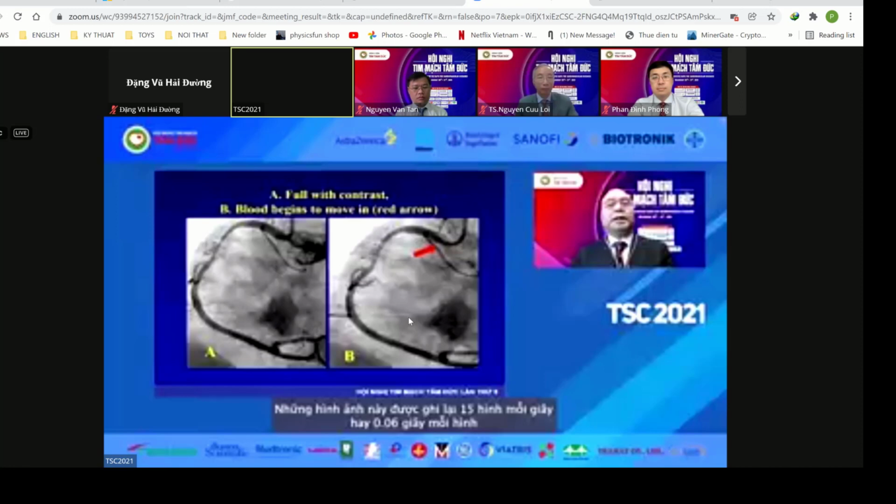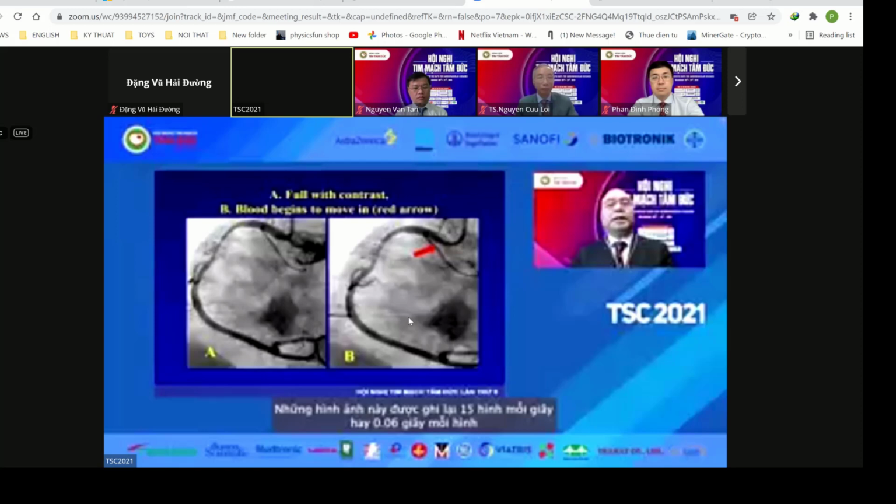We see the white arrow and darker contrast, which shows that there is retrograde flow up to the ostium of the right coronary artery.